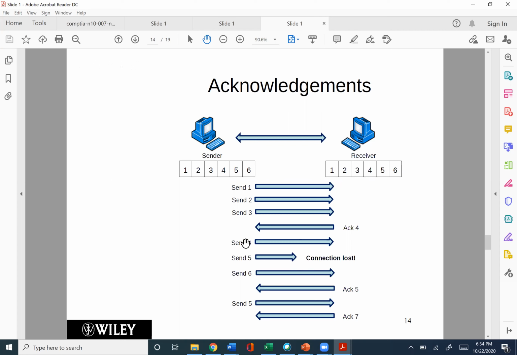See that? Look, I sent 1, 2, 3, and I acknowledged them. Now I sent 5 and the data got lost, so I never acknowledged it. The acknowledgement of 5 never came in, so he sent 5 again.